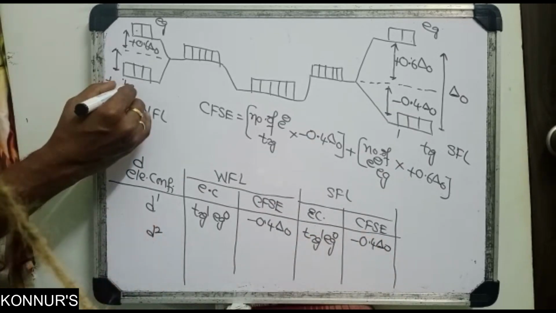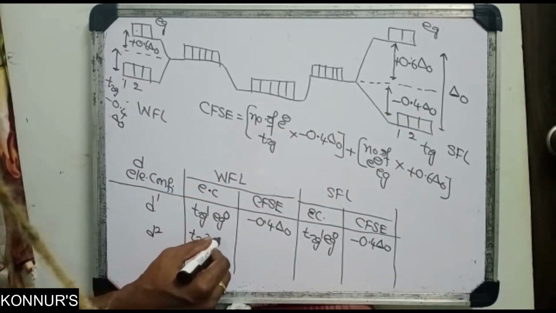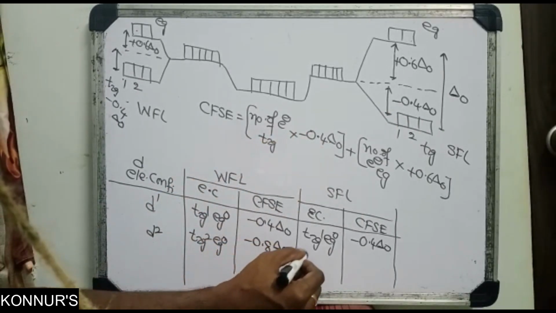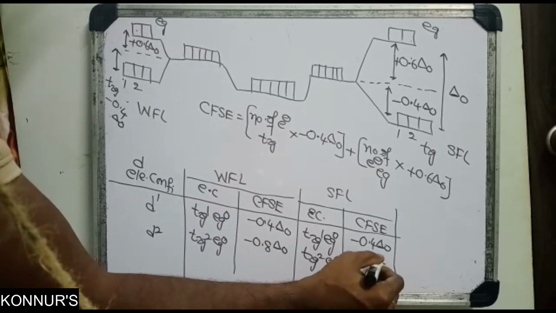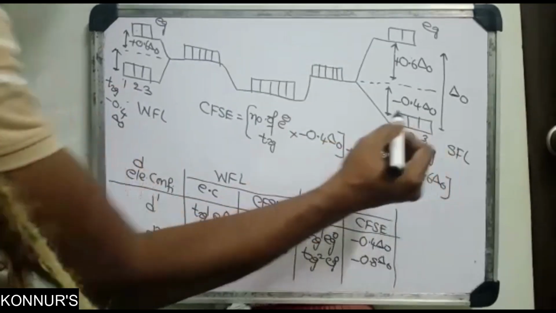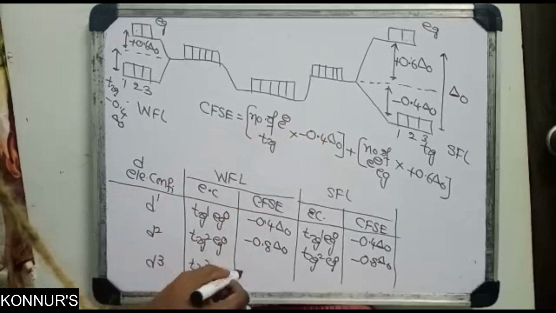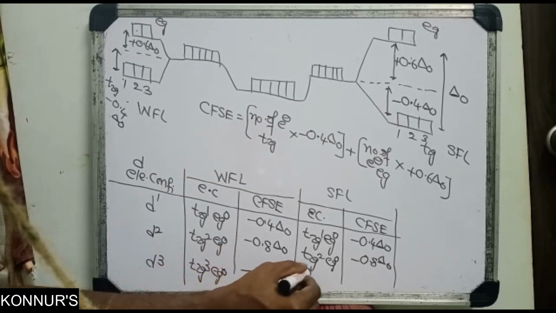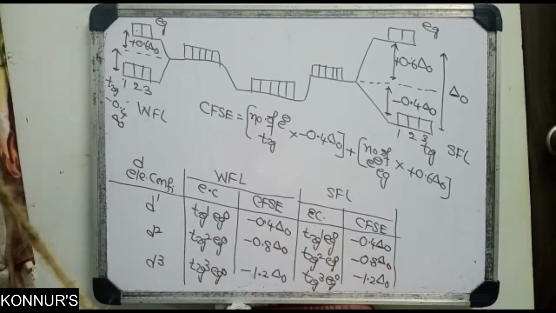Next d2, the second electron goes here: T2g2 Eg0, so 2 into minus 0.4 is minus 0.8 delta 0, the same for strong field. Next d3, the third electron goes here also: T2g3 Eg0, so 3 into minus 0.4 is minus 1.2 delta 0, the same for strong field.